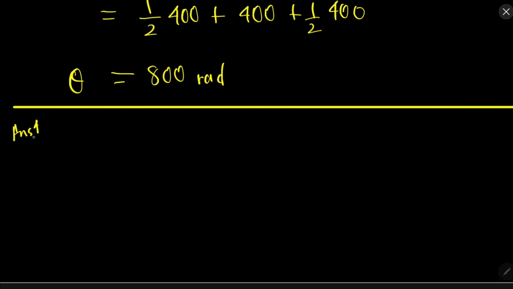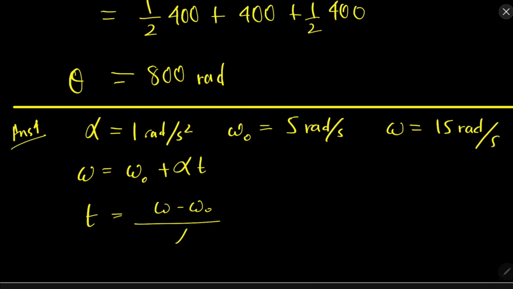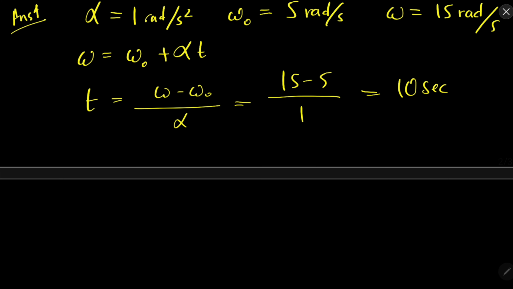So the fourth one: alpha is 1 radian per second square, omega naught is 5 radian per second, omega final is 15 radian per second. So omega equal to omega naught plus alpha t. T will be omega minus omega naught upon alpha, 15 minus 5 upon 1, that is 10 seconds.